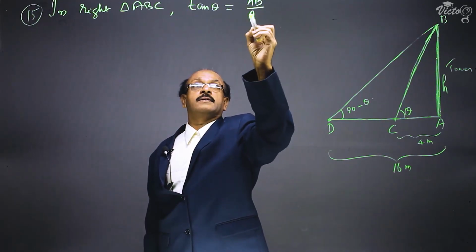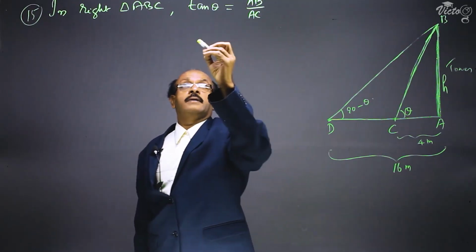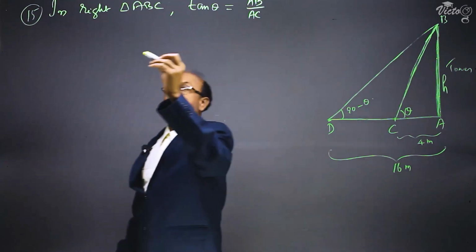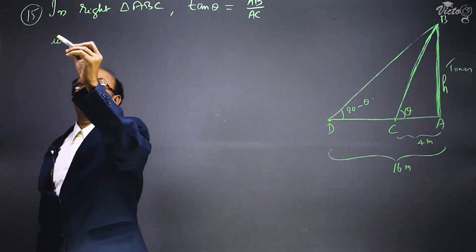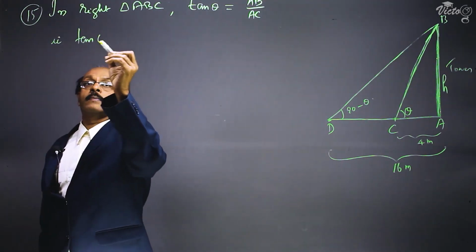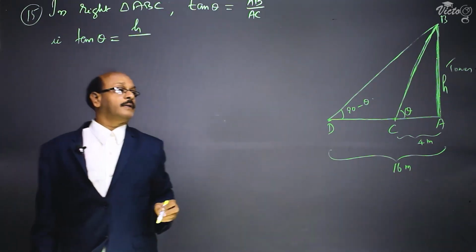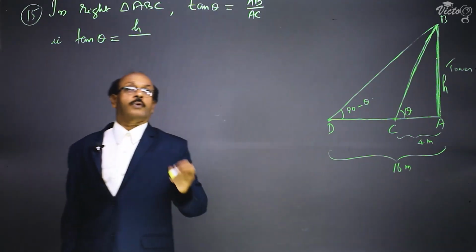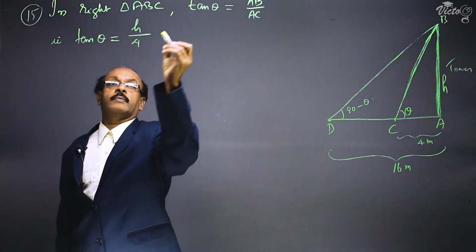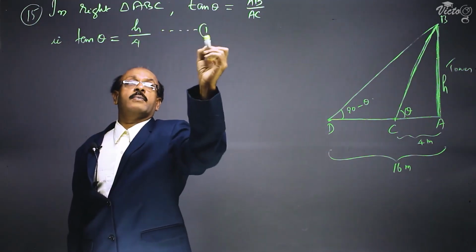Tan theta is equal to AB, which is equal to h, and AC is 4, h divided by 4. We can take this as equation number 1.